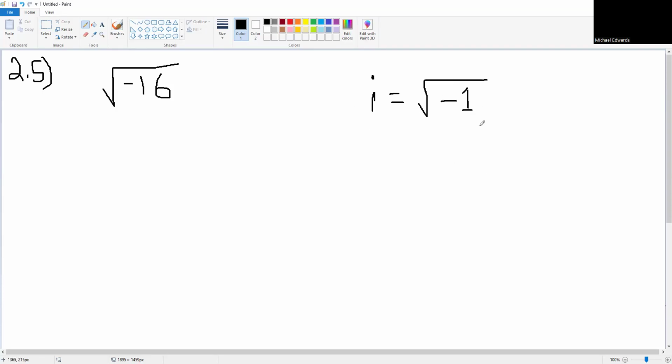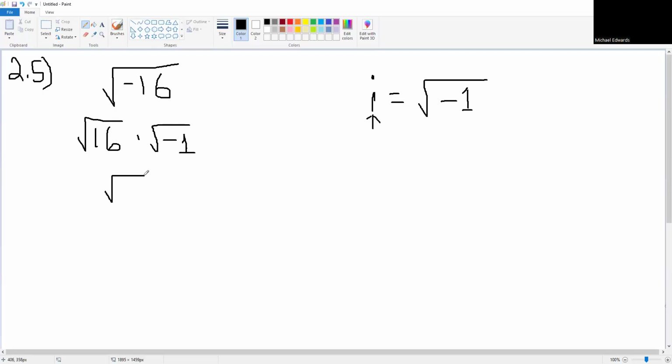Now, if i equals the square root of -1, does that mean we can rewrite this to pull out that square root of -1? Yeah, we can. So if we rewrite this, we can say the square root of 16 times the square root of -1, which we know the square root of -1 is actually just i now.